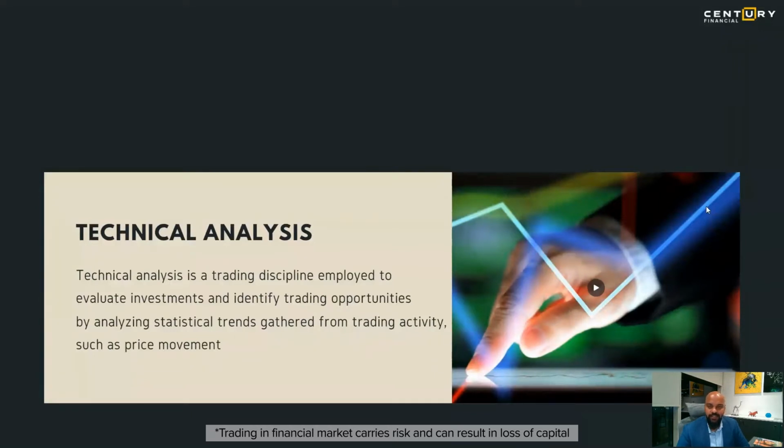Fundamental analysis has to do with, for example, looking at Apple as a stock. If you want to do fundamental analysis, you're going to look into the history of Apple. What kind of products do they produce? What kind of sales do they have? How has their growth been over the last couple of years? How are their financials looking? How is their revenue quarter on quarter, year on year?